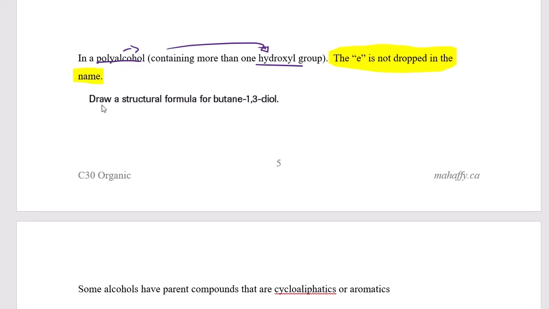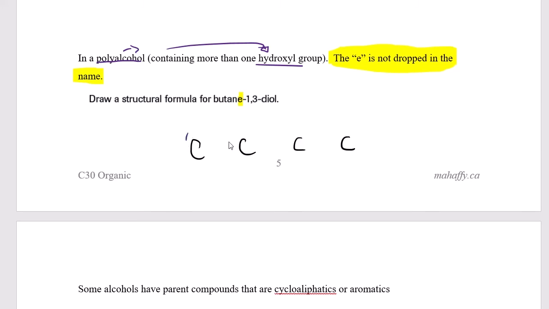So here we're asked to draw a structural formula for butane-1,3-diol. So the diol means there's 2 hydroxyls. And you see here, this isn't a typo. That E for butane does actually stay there. So let's draw it out. We've got a butane backbone, 1, 2, 3, 4 carbons.